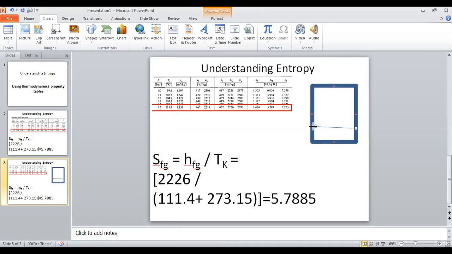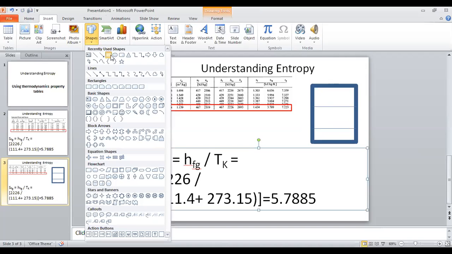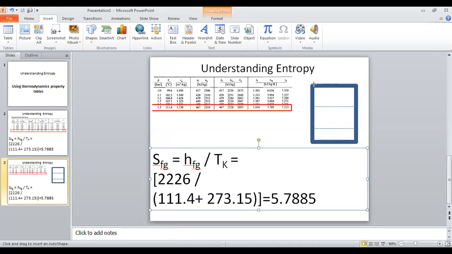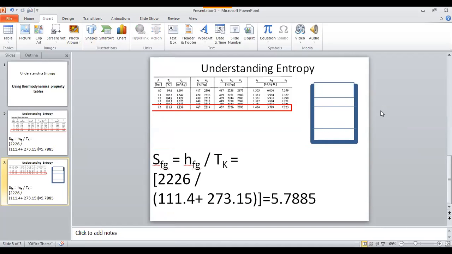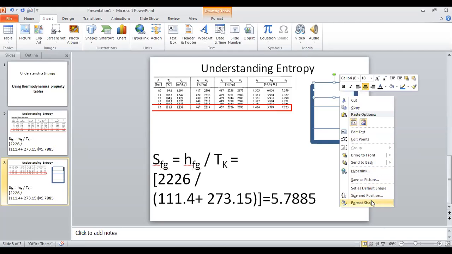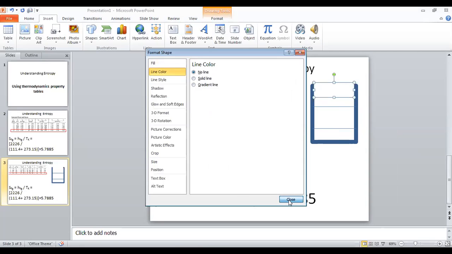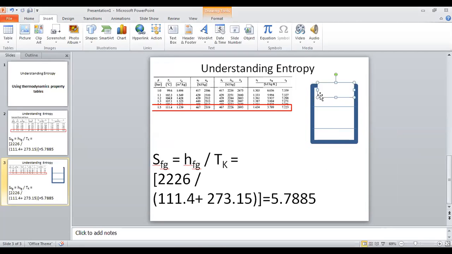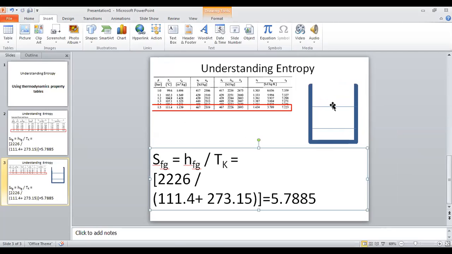You have some water, and the balance there should be some steam. Okay, water and steam.